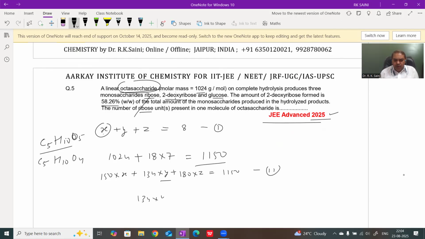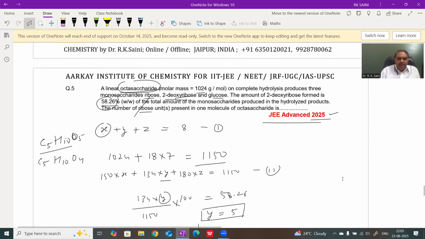Now we find the value of Y. 134 into Y divided by total weight 1150, into 100, and the percentage of 2-deoxyribose in this solution is given as 58.26. On solving this, the value of Y is exactly 5.